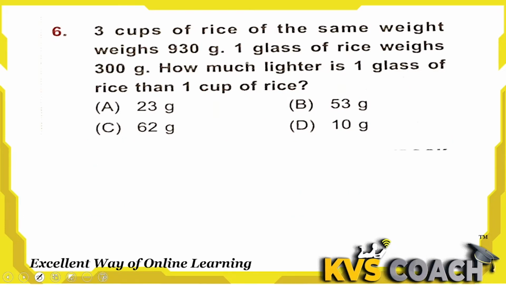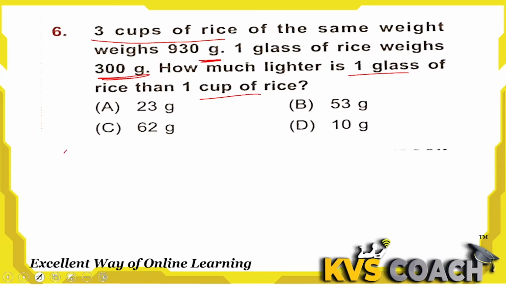Next is, 3 cups of rice of the same weight weigh 930 gram. 1 glass of rice weighs 300 gram. How much lighter is 1 glass of rice than 1 cup of rice? Look, 3 cups of rice of the same weight equal 930, and 1 glass of rice weighs 300.